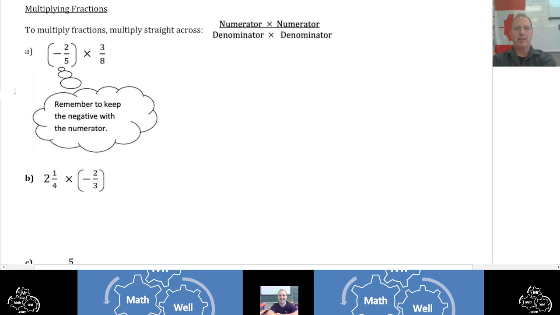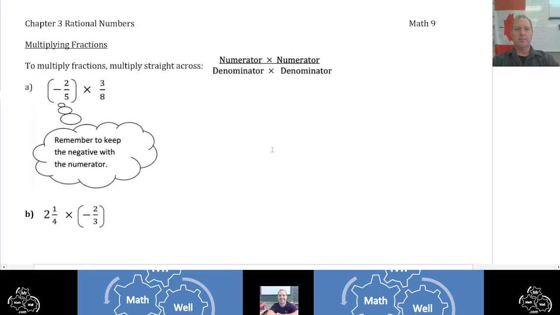All right, multiplying fractions. Well, the nice thing about multiplying fractions is it's a lot easier than adding or subtracting because you don't need to first get a common denominator. So I'm just going to type that out here. It's not in these notes here, but I'm going to type that out.